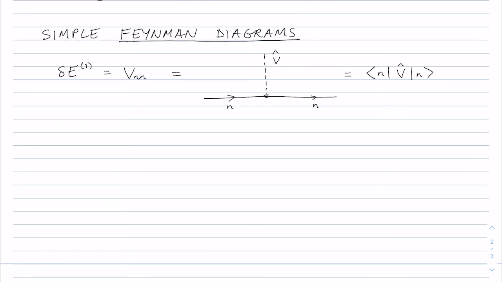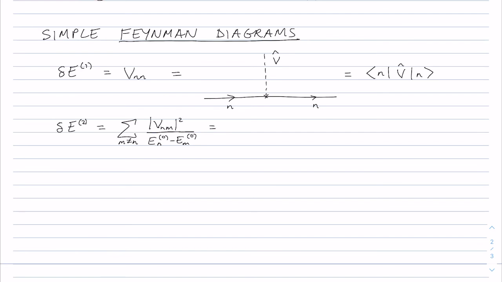Just a vertex. The next most complicated one would be something like delta E2, which is given by this formula. And this too can be represented by a Feynman diagram.